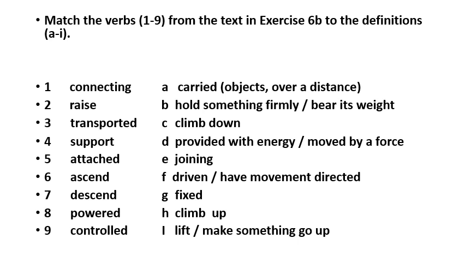So we have to match the verbs from 1 to 9 in the first column, taken from the text in exercise 6b, to their definitions in the other column from A to I. Match again each verb in the column from 1 to 9 to its definition or its explanation or illustration or meaning in the second column from A to I.